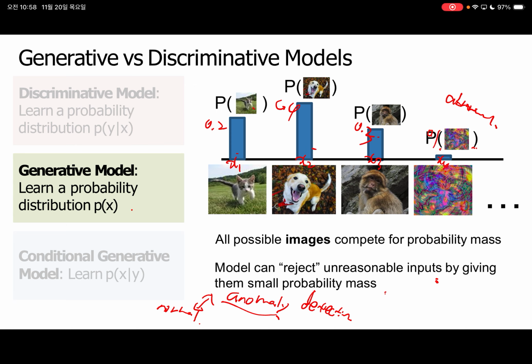Let's say we have this kind of distribution. Only 4 images exist on our planet, then for every random sampling, maybe this image has the highest probability, so we can get this image most often, right?